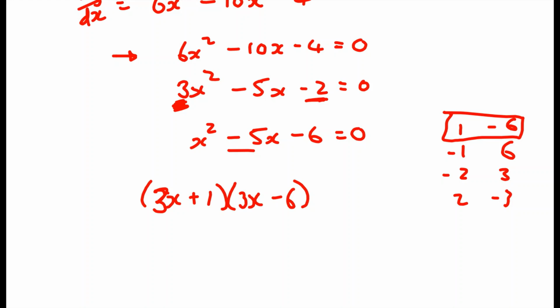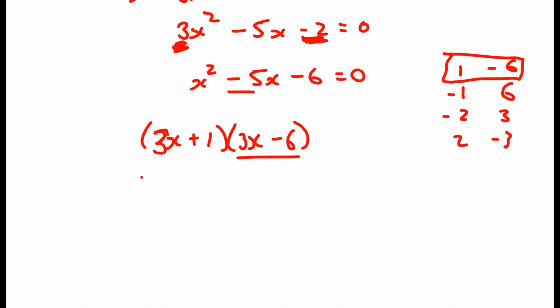But where we had multiplied by 3 to begin with, we've got to divide one of these brackets by 3 to finish. The only one that gives us a nice number to do that is this left-hand one. So we're going to end up with 3x plus 1, and divide this one by 3, so it'll be x take away 2, and this all equals 0.